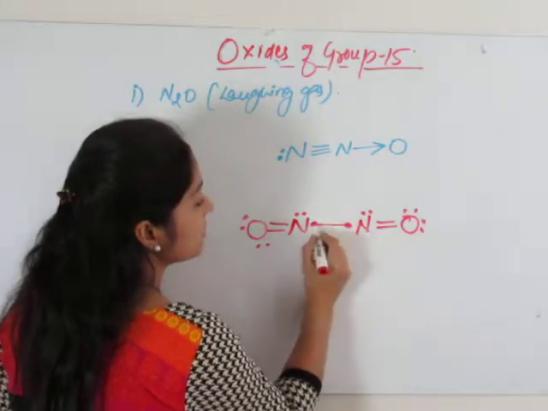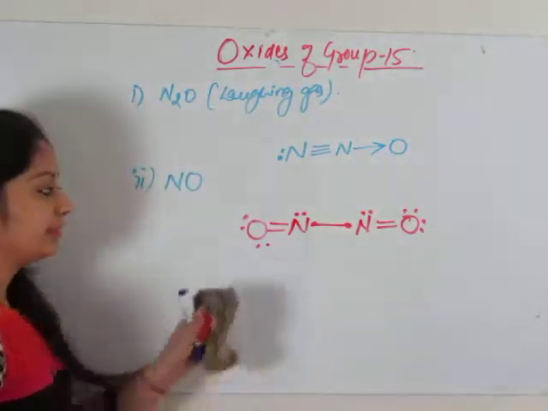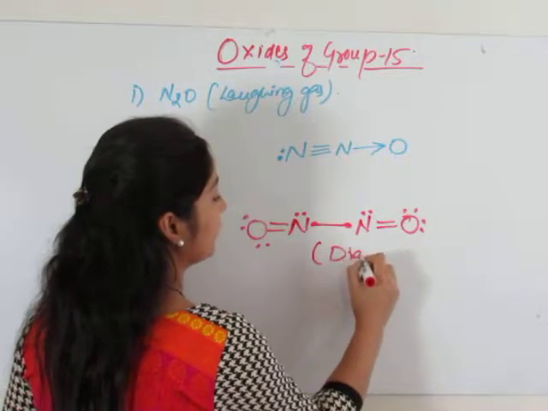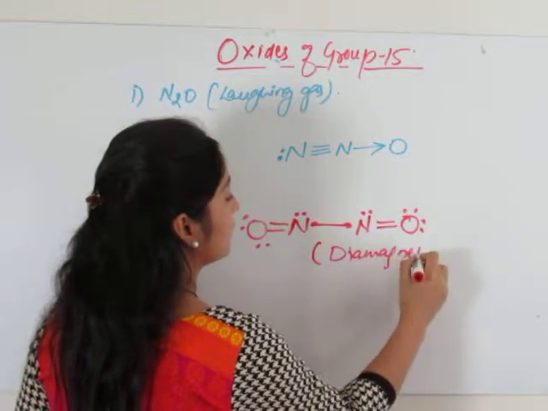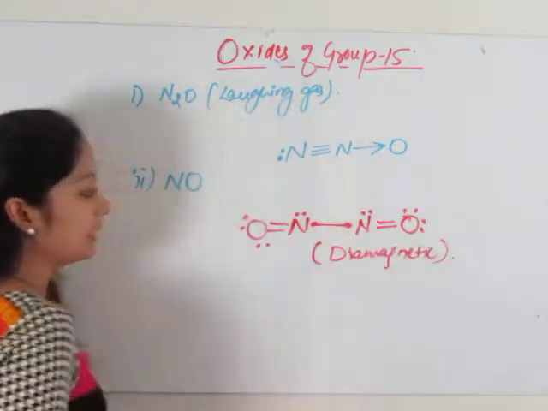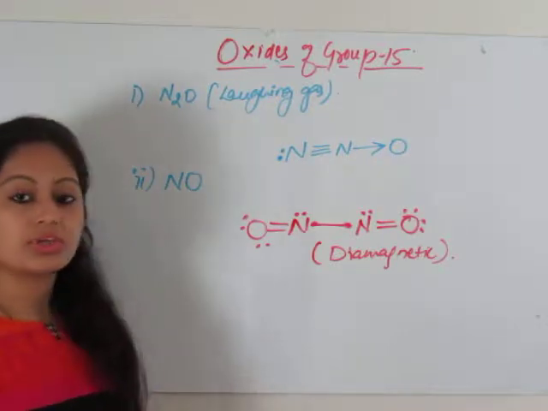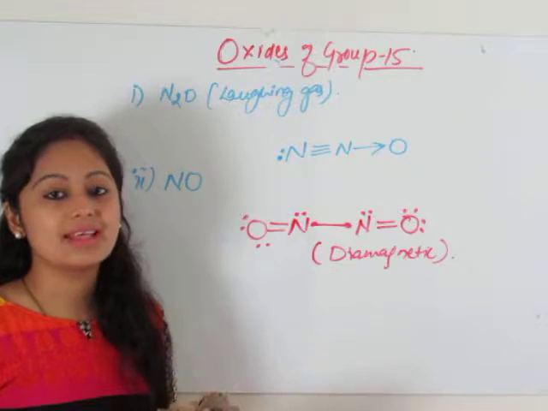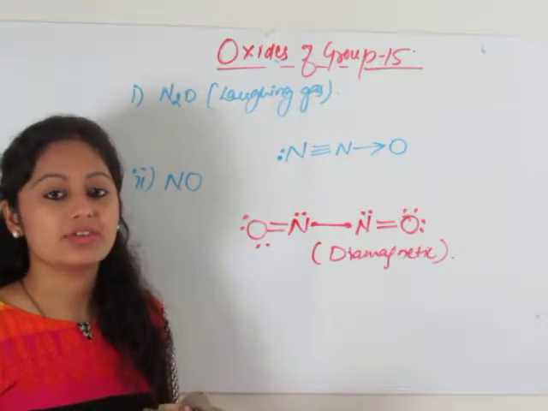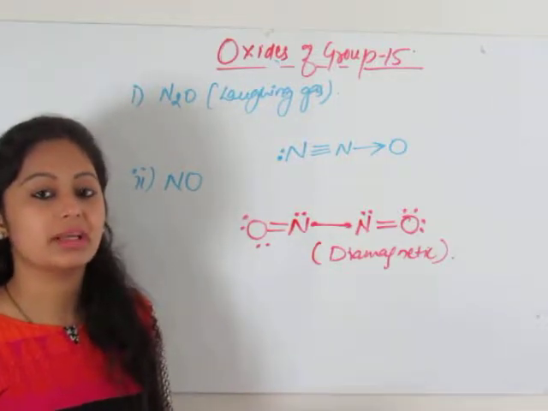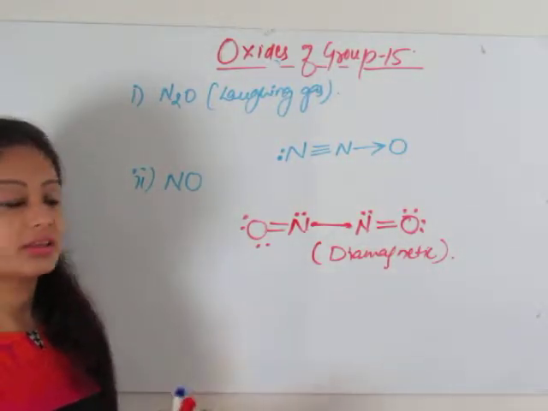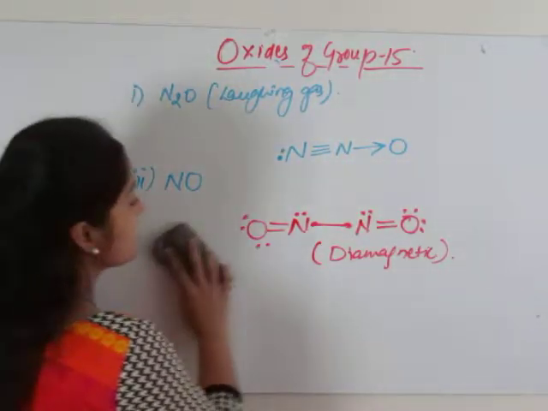So these unpaired electrons will form the bond. So in this way, in this case, it is diamagnetic. Right? So question is, why nitric oxide is paramagnetic in gaseous state and it is diamagnetic in solid and liquid state? You can see the reason from the diagrams.